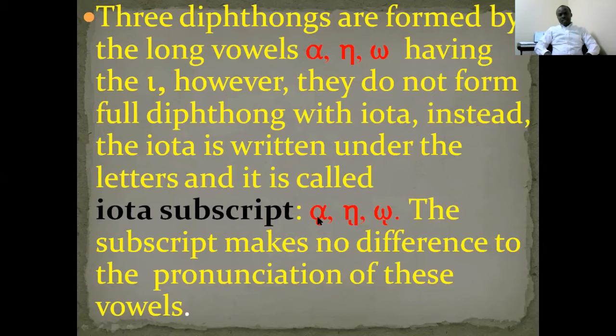So when you look at it here, you will notice that the iota is converted and placed under the alpha, under the eta, and under the omega. As we proceed in the lectures, you will see where they are implemented. So follow us step by step. The subscript makes no difference to the pronunciation of these vowels. Bear that in mind.